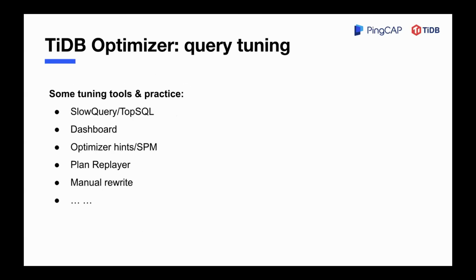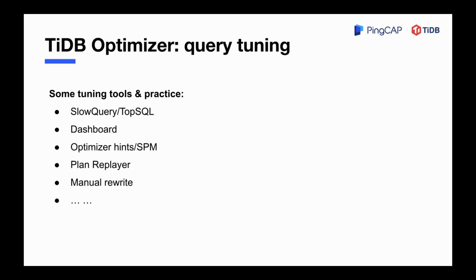That's why with TiDB we provide a bunch of tools. For example, we provide the slow query for users to identify what queries are running slow and who the troublemaker is. The dashboard visualizes the slow queries or top queries too, for users to find the problem query. Then we have the query optimization hint.